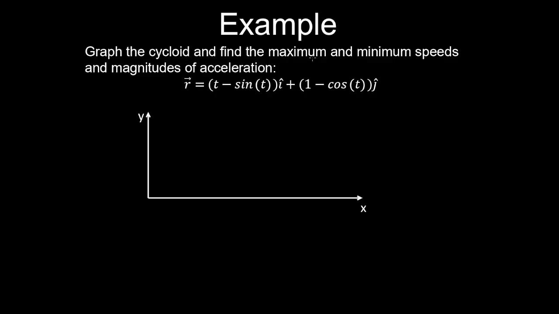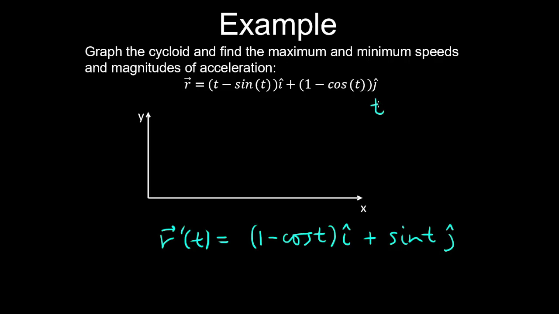Graph the cycloid and find the maximum and minimum speeds and magnitudes of acceleration. So if we take the derivative, we get the velocity or the tangent vectors to the curve at t. So that gives 1 minus cosine t in the i direction plus minus sine t in the j direction.